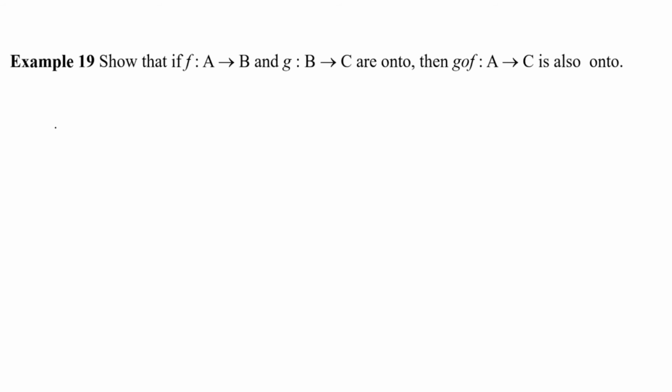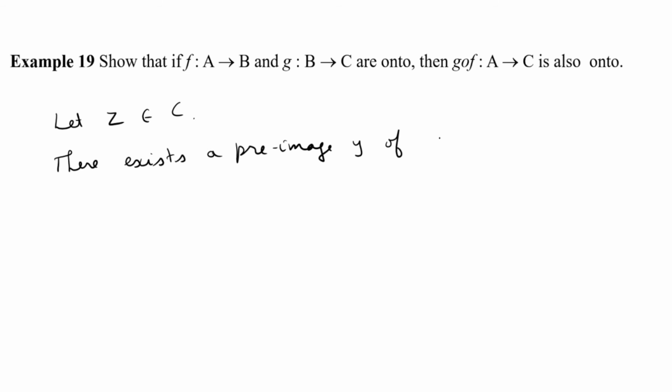Now, let us take z belongs to the set C. If z belongs to the set C, then there exists a pre-image y of z under g such that g of y is equal to z.